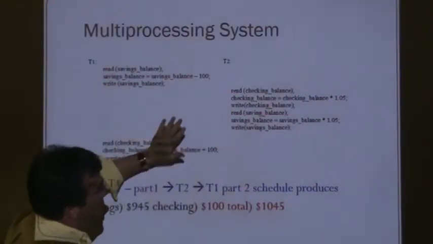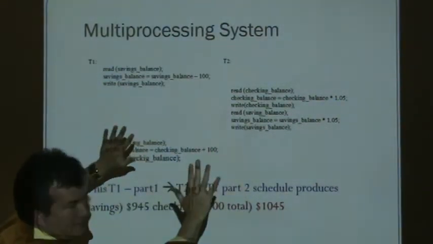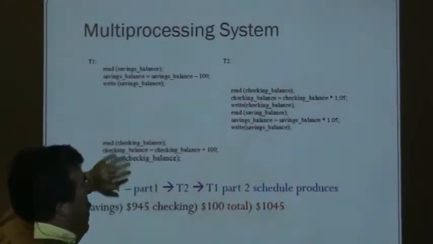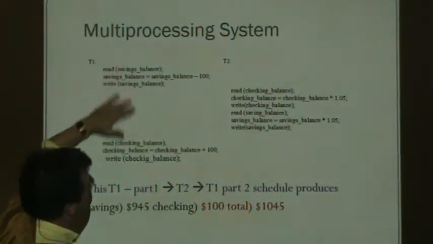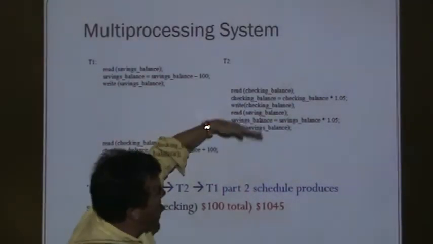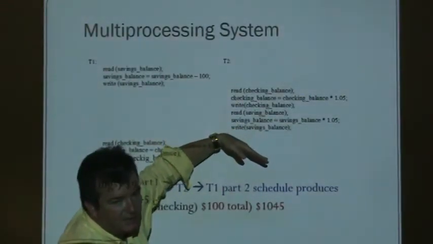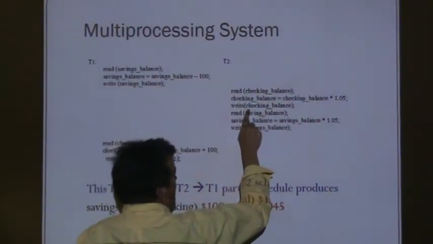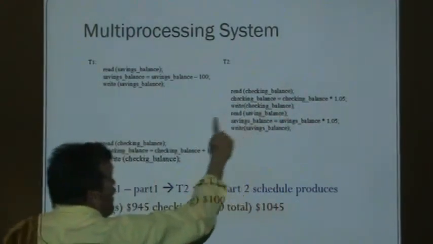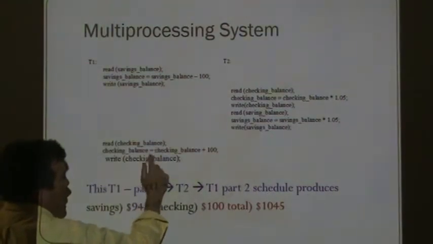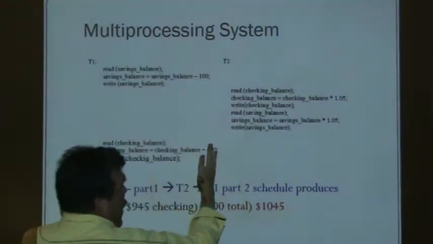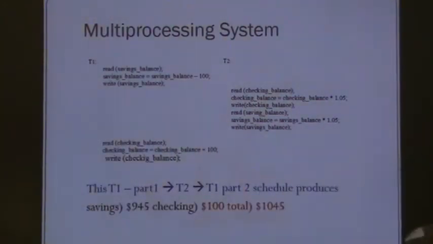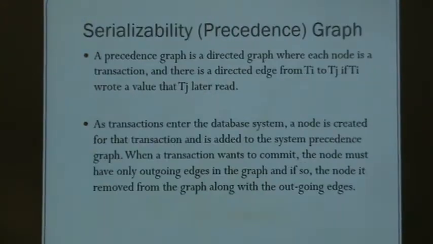That means at the end of the day, the only way we can consider these transactions consistent would be as if it ran like this: this transaction ran first, and then this transaction in its entirety ran second. But the fact that this transaction wrote the checking balance, which this one then later on read, means this transaction must finish in a schedule where it's after this one. So that could put us in a situation like this.